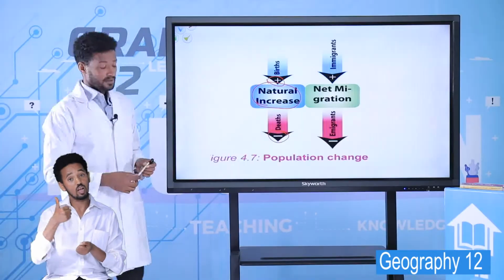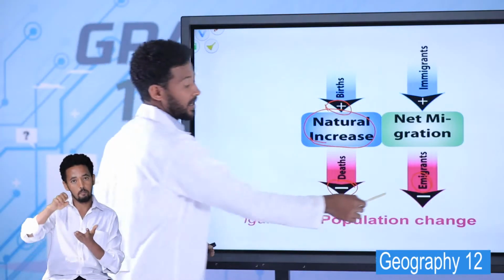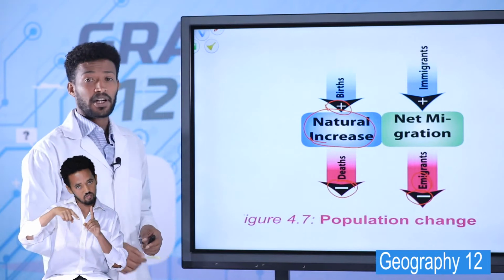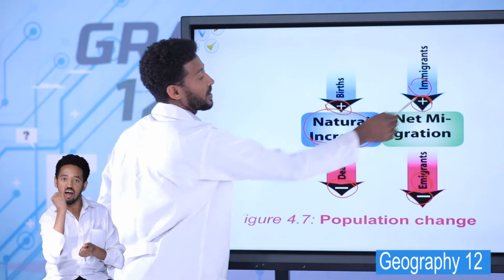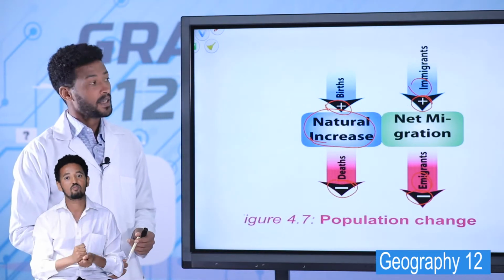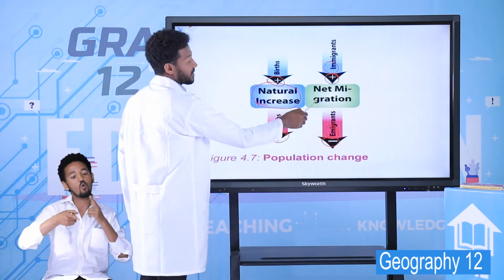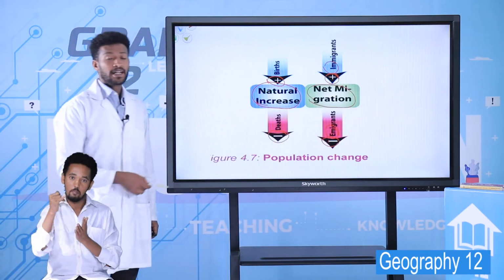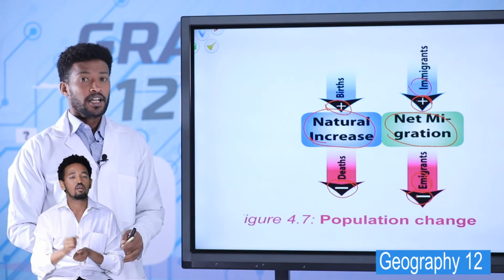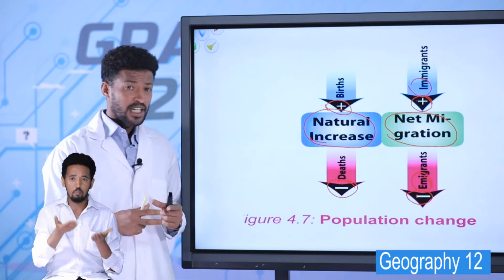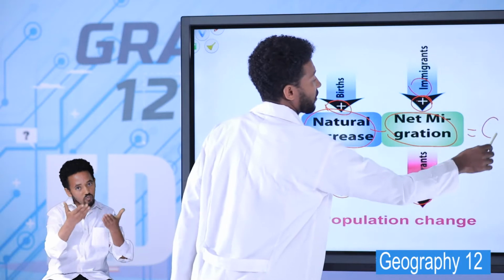In another way, letter E, emigration rate, has a negative sign, and letter I has a positive sign. The balance between this positive and negative migration rate gives us the net migration rate. And the general balance or general change between these gives us the growth rate.